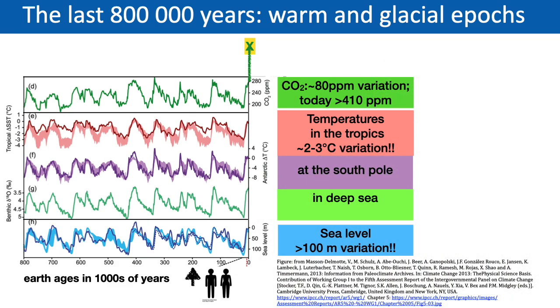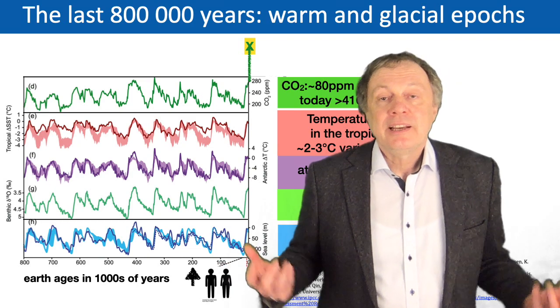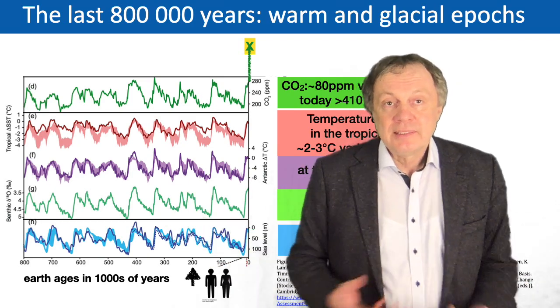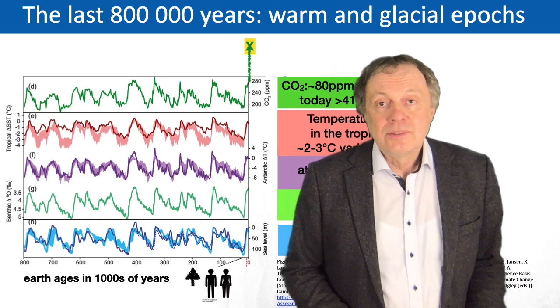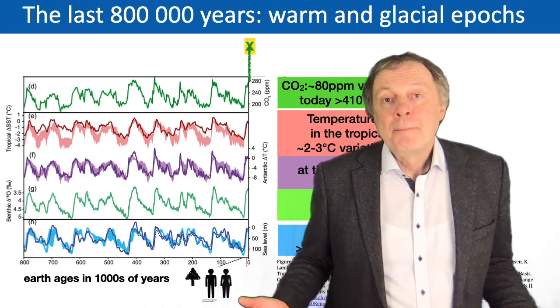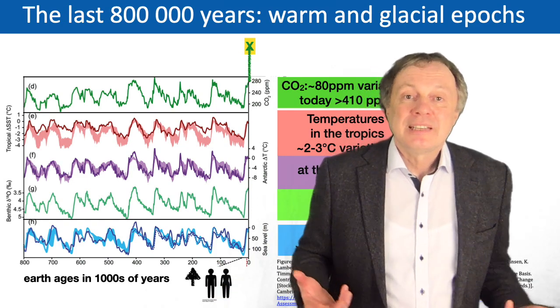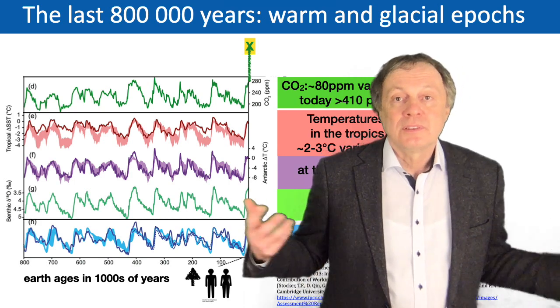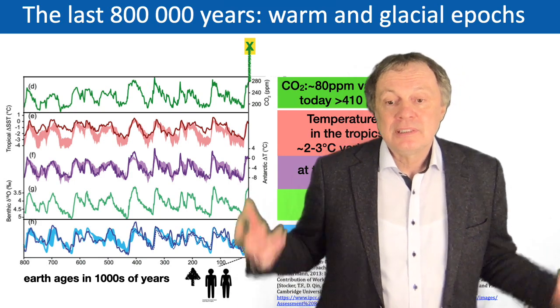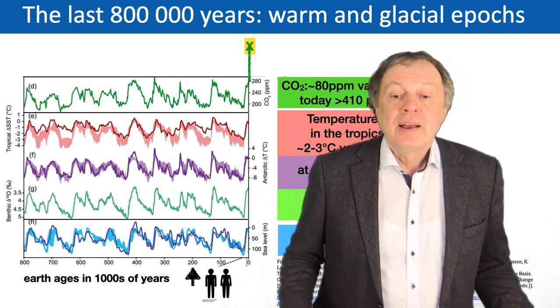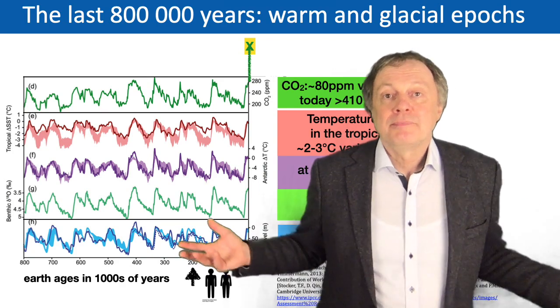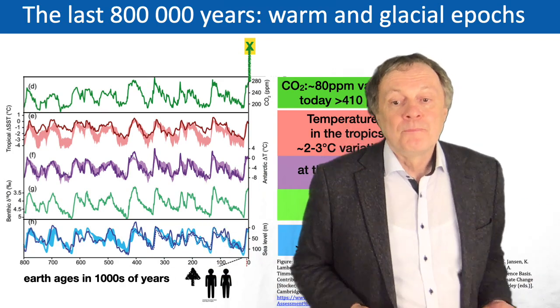So you see the sea level is coinciding with the temperatures, and this of course is also natural because, you know, during a glacial period where there's a lot of ice, like all Northern Europe is under ice, then of course there's less water available for the oceans, so the sea level drops, and in hot periods the ice is melting and the sea level rises.